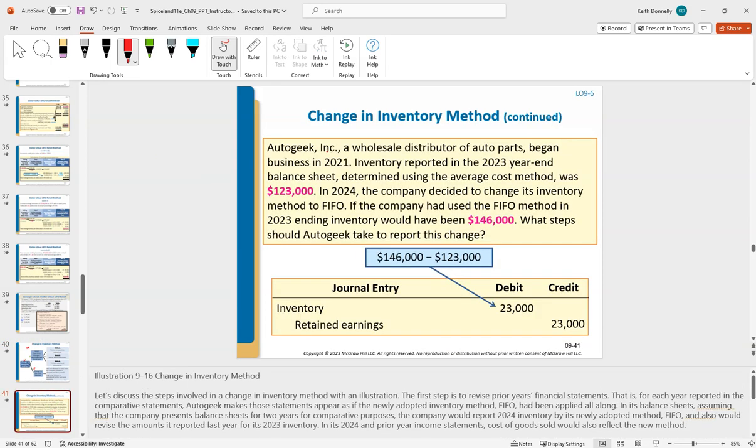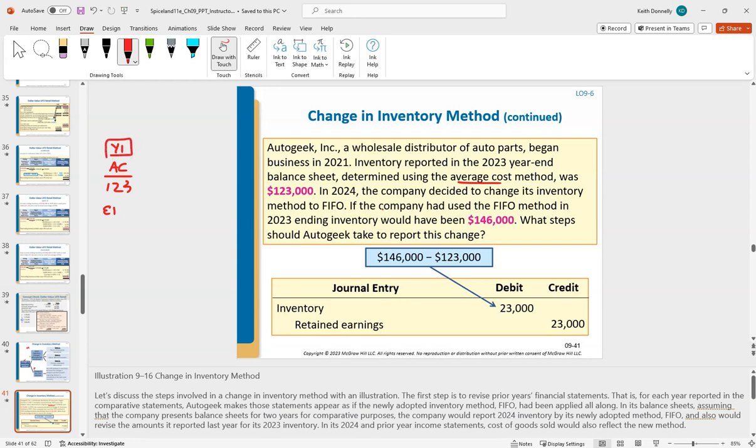We have a company. It looks like they began in 2021, when they were formed. In 2023, on their balance sheet, they were using the average cost method, and their ending inventory was 123 under average cost.